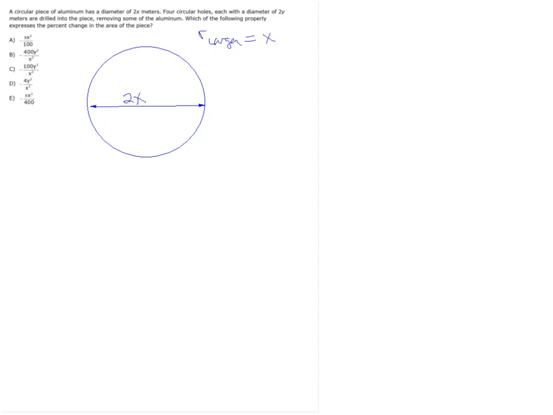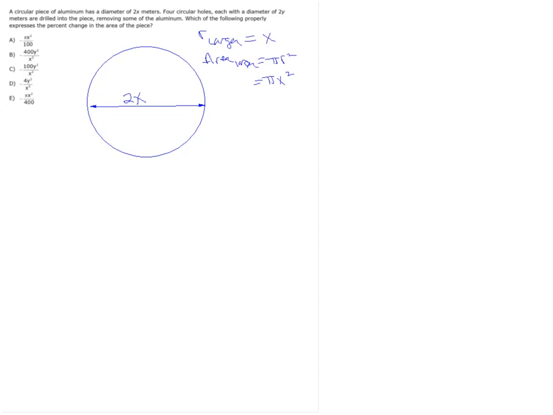Because the radius is obviously half of the diameter. So the area of the larger circle is equal to pi r squared. So if our radius is x, then the area is equal to pi times x squared.